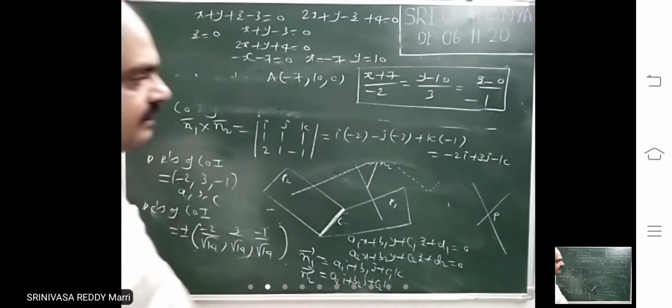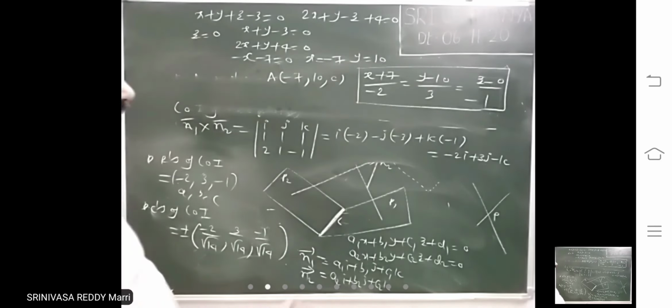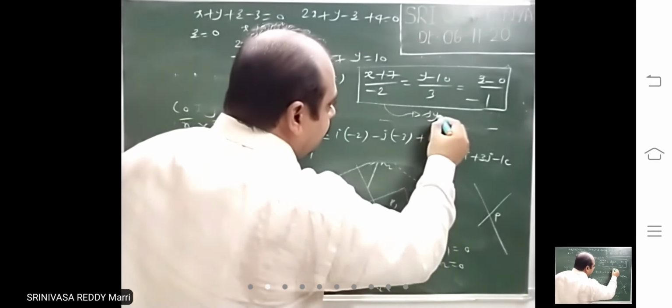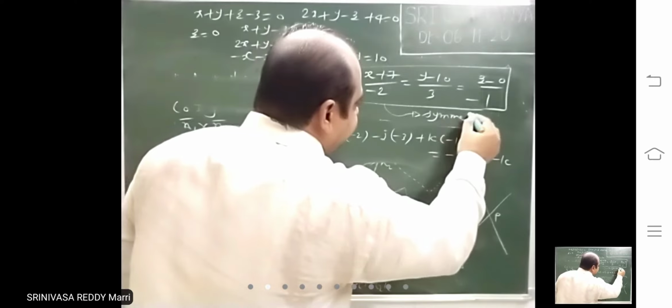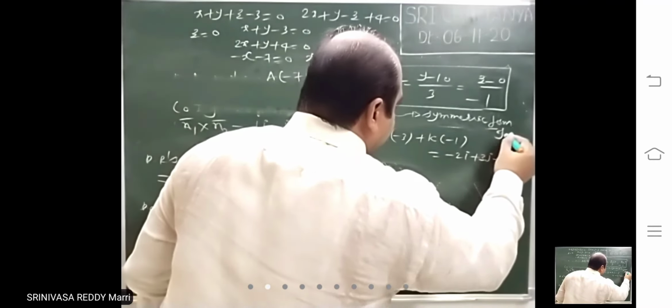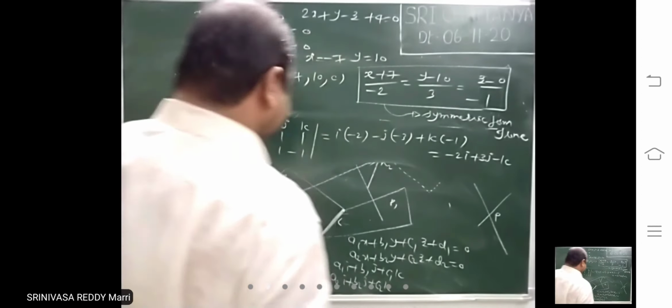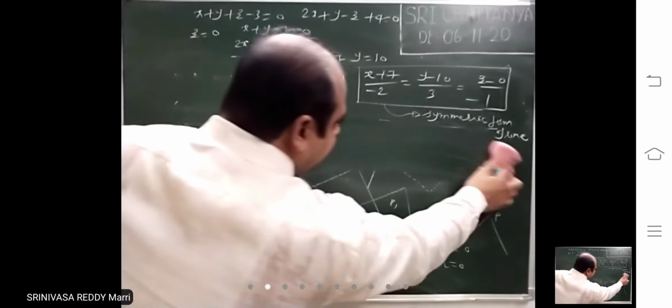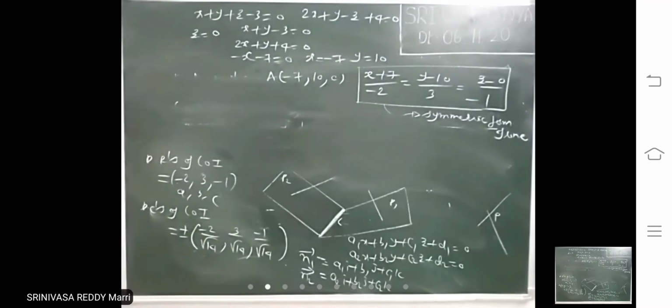This is called the symmetric form of the line. This is the standard form actually, the symmetric form of the line.